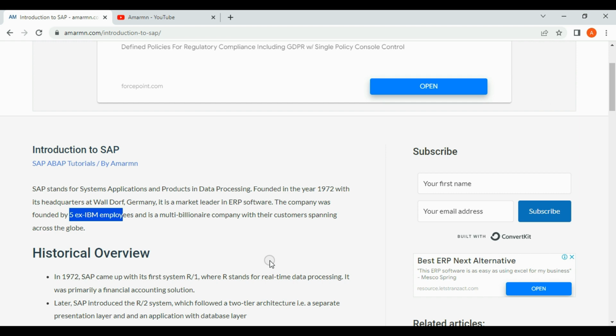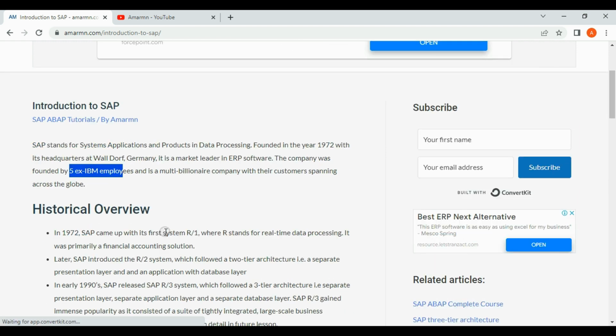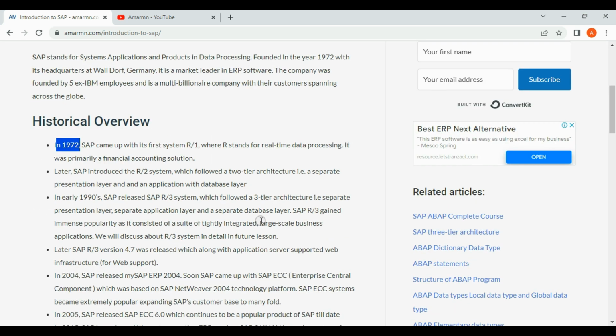It has its headquarters in Germany, but it operates in more than 100 countries across the globe. The history of SAP is quite interesting because, founded in 1972, it has been a dominant player in ERP software for more than 40 years.